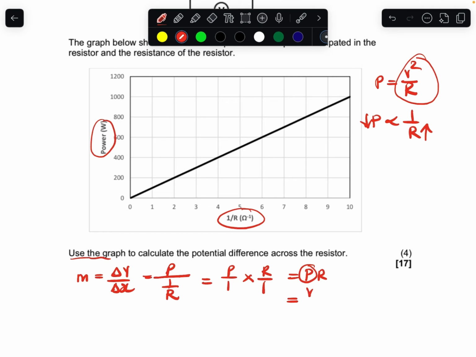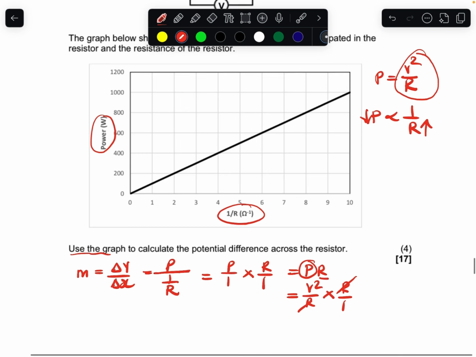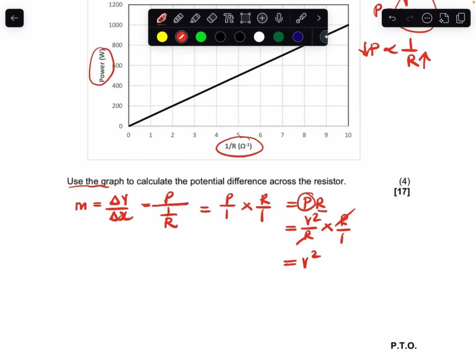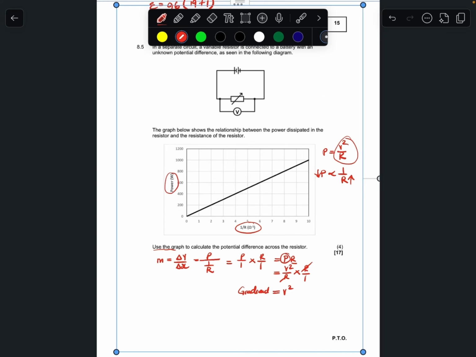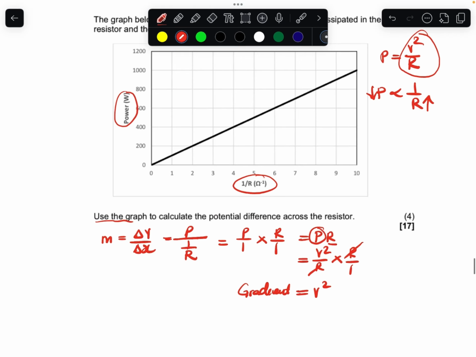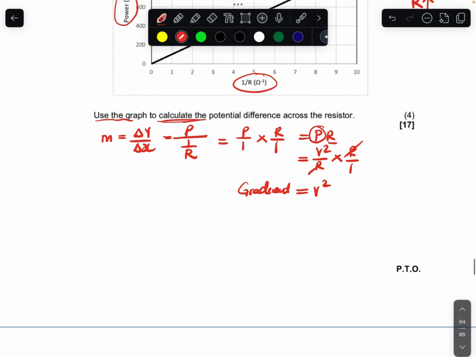So it's going to be V squared over R times R over 1, and this R will cancel. So we're going to be left with V squared. So the gradient here is the V squared, right? That's what they want here.